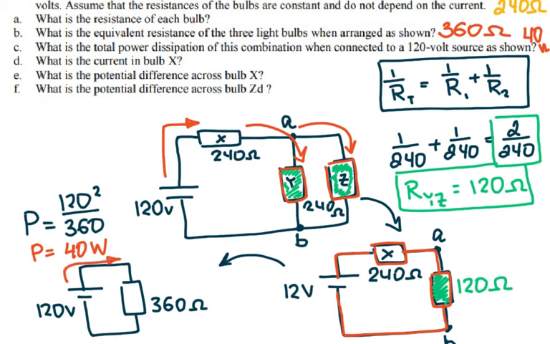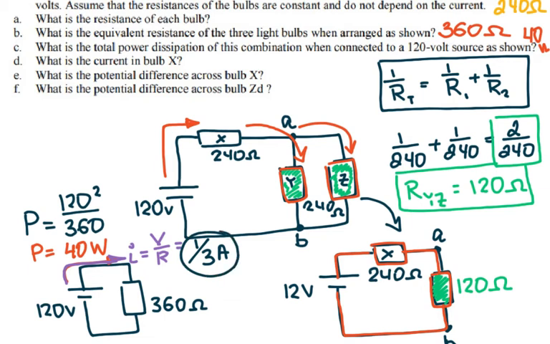So if I use Ohm's law, I'm going to use this color for I is equal to V over R. So that will give me 120 divided by 360, which is 1/3. So I will have the current is equal to 1/3 amp.